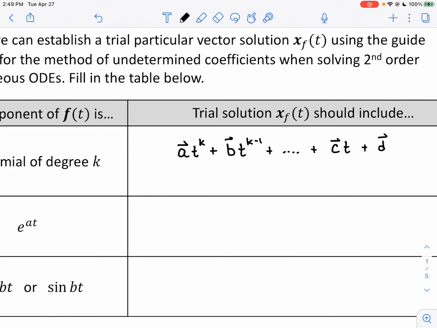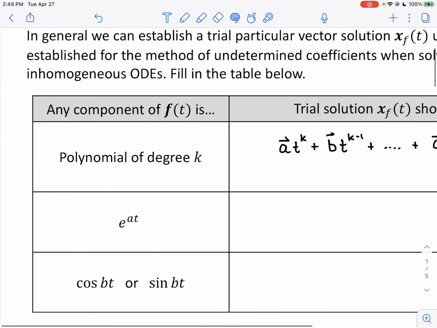So your trial solution should include this entire thing if any one component of this inhomogeneous vector function here is a polynomial of degree k.